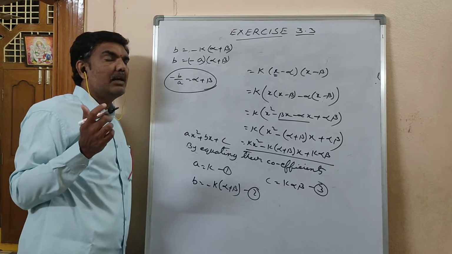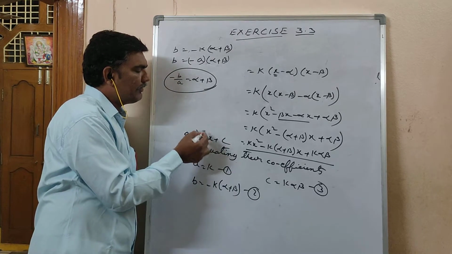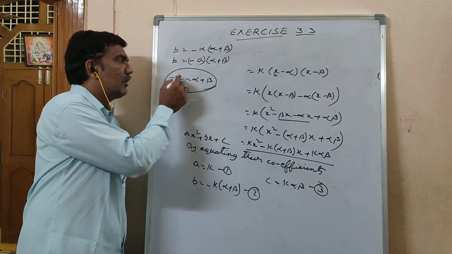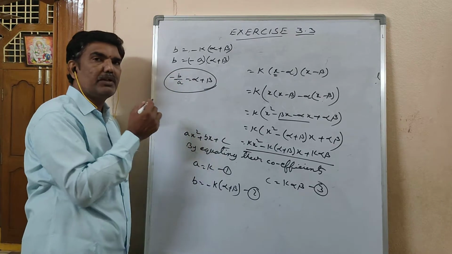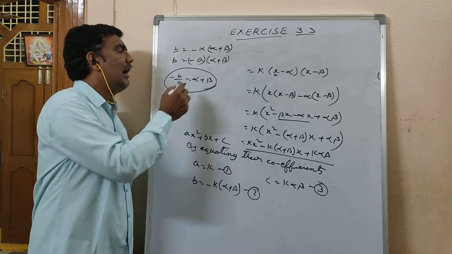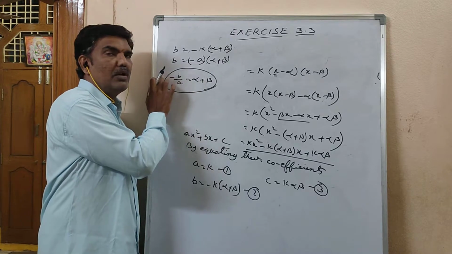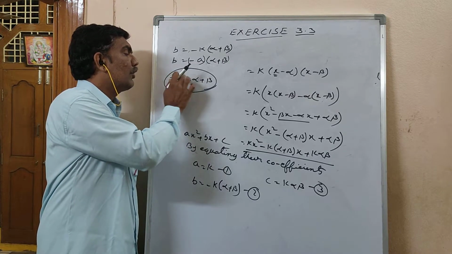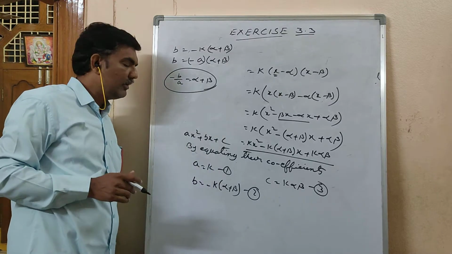You have to say minus, what is b here? b is the coefficient of x. Minus coefficient of x divided by, what is a here? Coefficient of x square. Alpha, beta are zeros. Sum of the zeros is equal to minus the coefficient of x divided by the coefficient of x square.